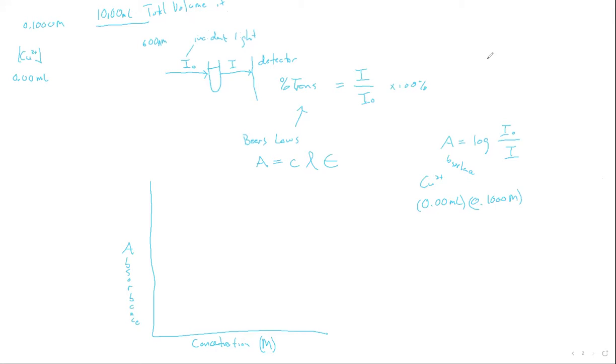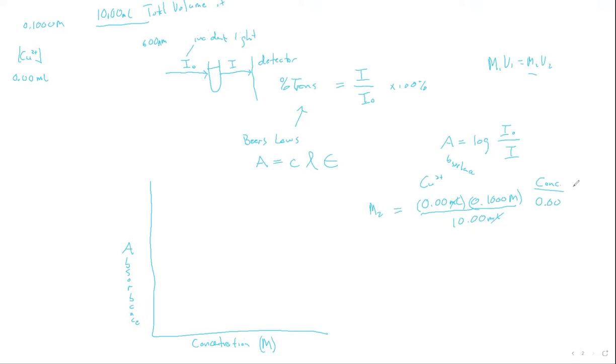So to do an M1V1 equals M2V2 here, this one's going to be easy, because we're going to figure out the concentration. So M2 is going to be 0 times 0.1 divided by 10 milliliters. That's the total volume, so the milliliters cancel. So the concentration of the first test tube is going to be 0.00.